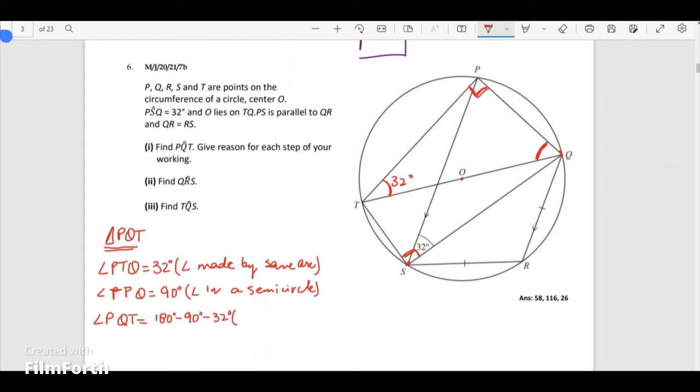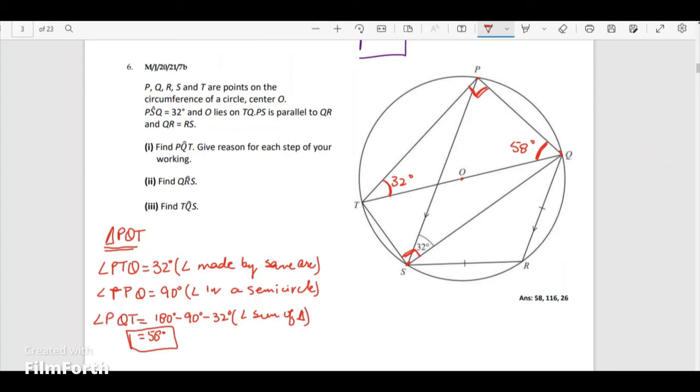The reason for that is angle sum of triangle. So 90 minus 32, 58 degrees would be the answer. This is 58 degrees.